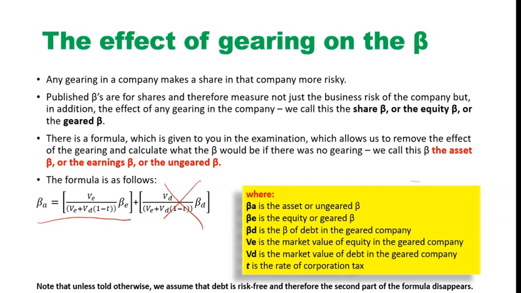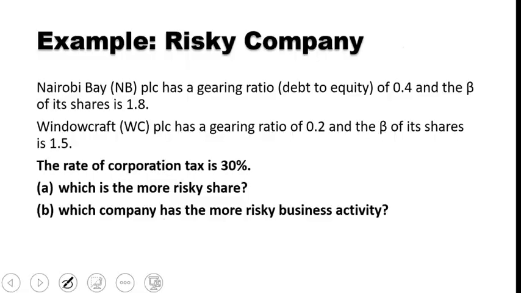Now, let us look at this example and see what will be happening. Nairobi Bay NB PLC has a gearing ratio, debt to equity, of 0.4 and the beta of its shares is 1.8.